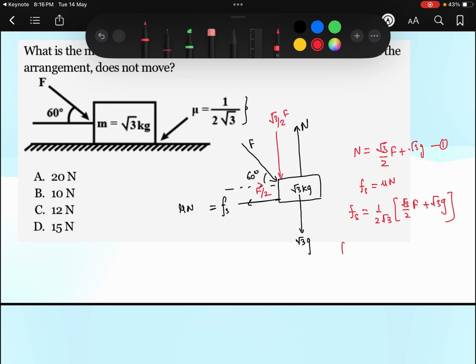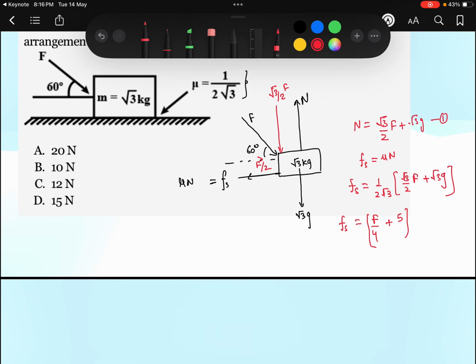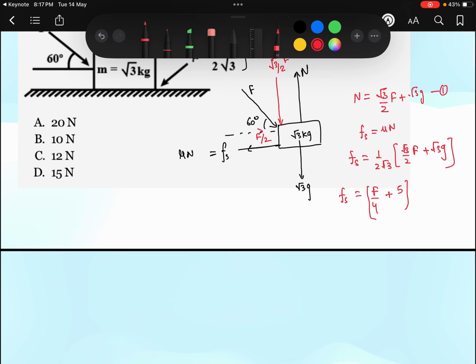Okay, so this static friction will be equal to, let me multiply this 1 by 2√3 inside, F by 4, √3 will be cancelled out, similarly plus g by 2, that means g by 2 is 5. Okay, so here static friction is equal to F by 4 plus 5. Now if I write the equation of motion in the horizontal direction, the forward force is F by 2 and the backward force is static friction.